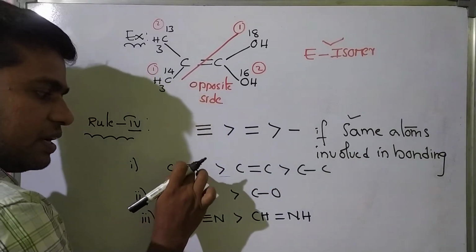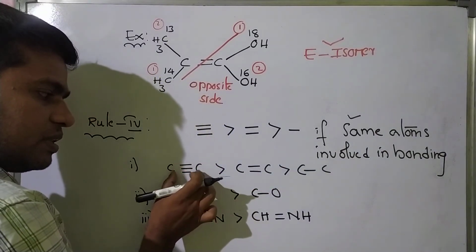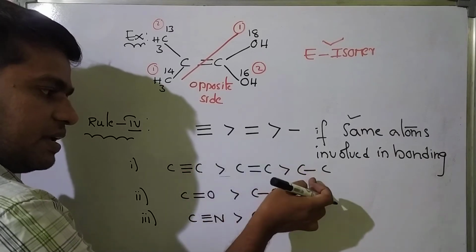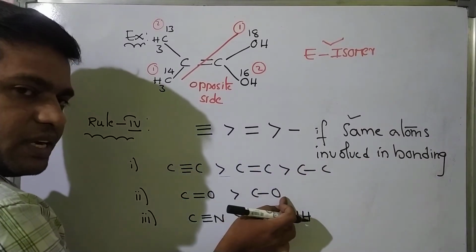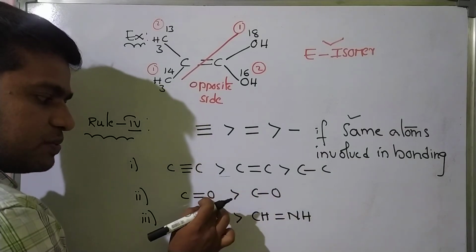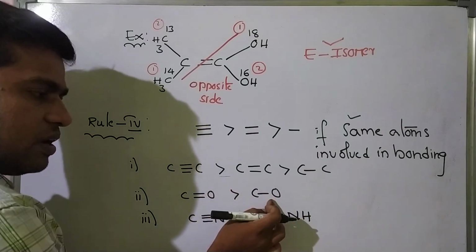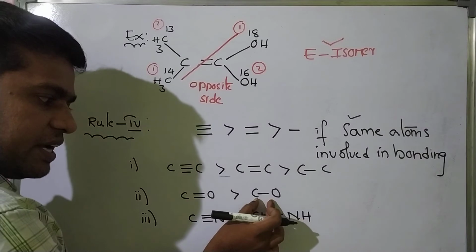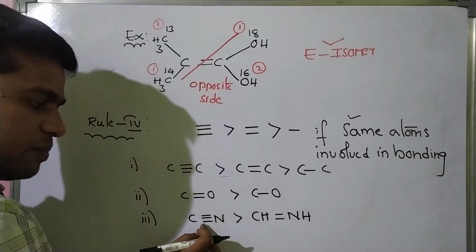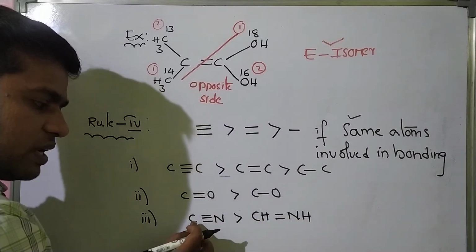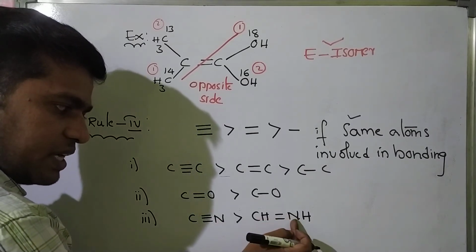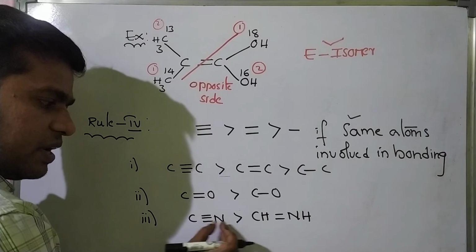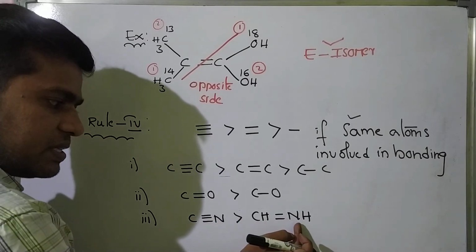Here also carbon oxygen, carbon oxygen. Here also carbon nitrogen, carbon nitrogen. So triple bond is greater than double bond.